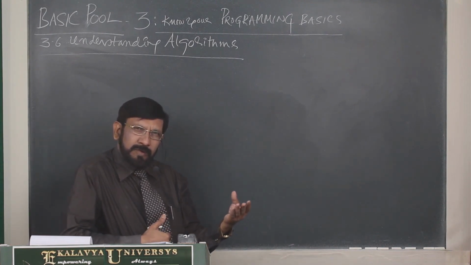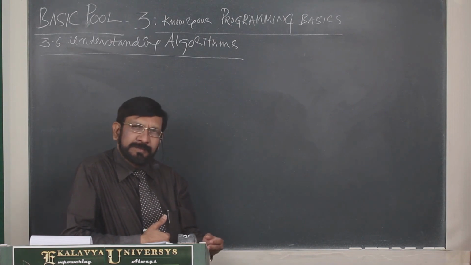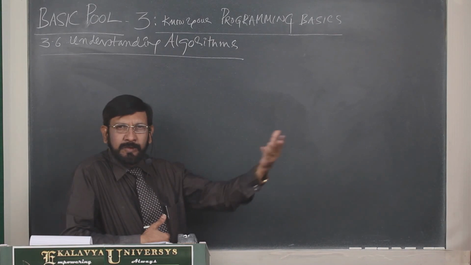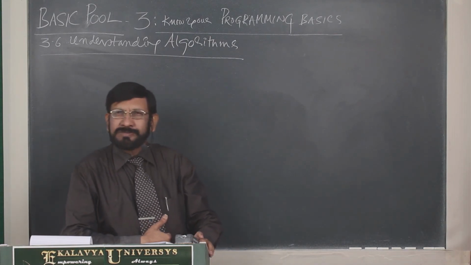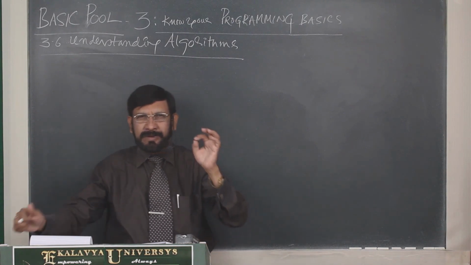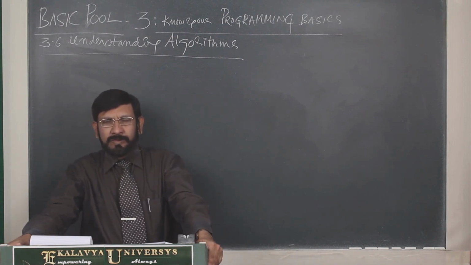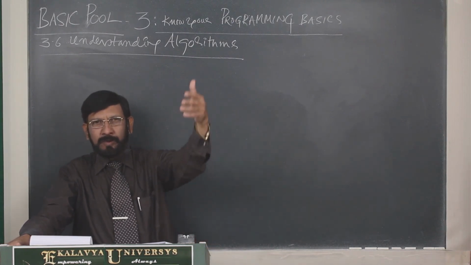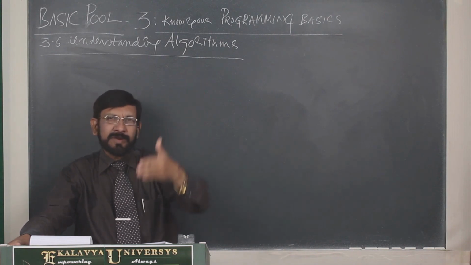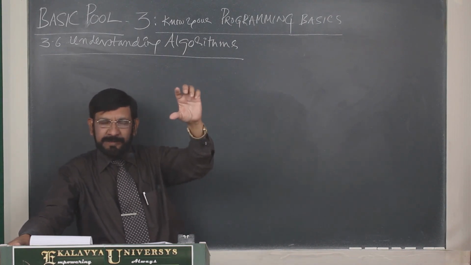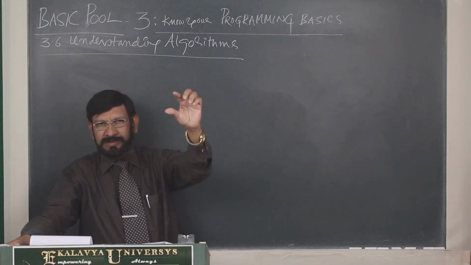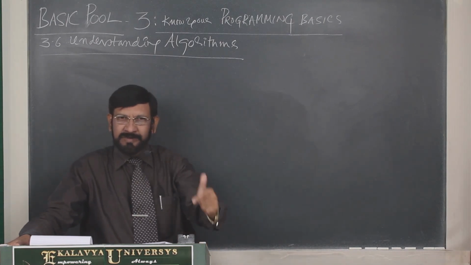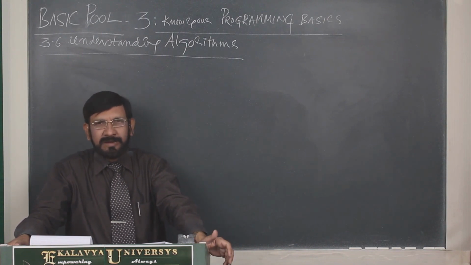You go to a hotel for taking breakfast. You go to a provision shop for purchasing provisions. You go to college for studies. All these are programs. For implementing all these programs, we have to implement several steps. The description of all these steps in a sequential order is called algorithm.